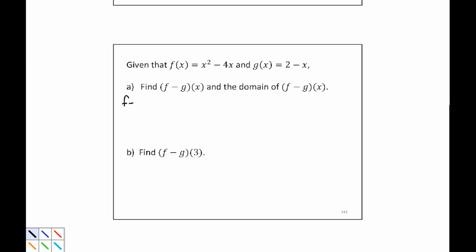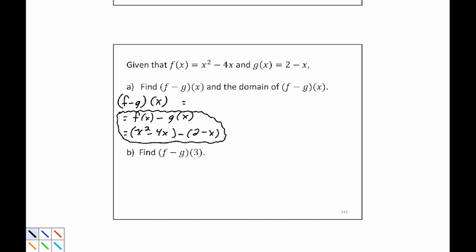F minus g of x is equal to f of x minus g of x. Again, by definition. So that would be x squared minus 4x minus 2 minus x. So this is all my scratch work. That is my definition and my scratch work.